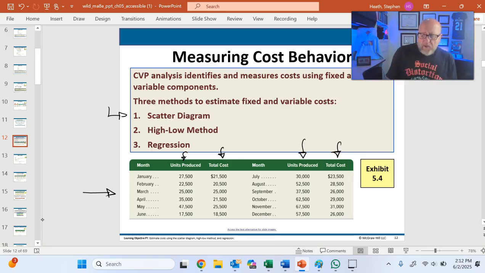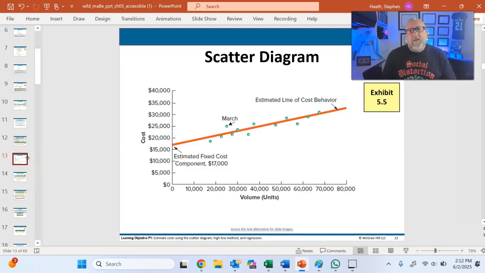We can use the scatter diagram, and I'll do that in a second. Then we could use the high-low method, which is what we're going to spend most of our time on in this lecture. Or we could use something more sophisticated called regression analysis. These are the three methods we're going to use to estimate costs. All right, so the first one is a scatter graph.